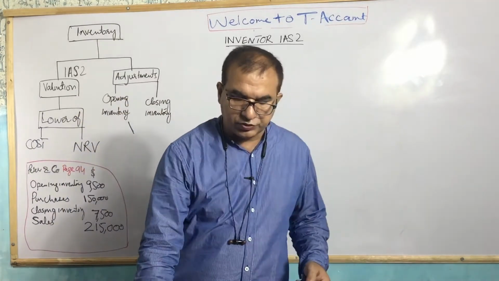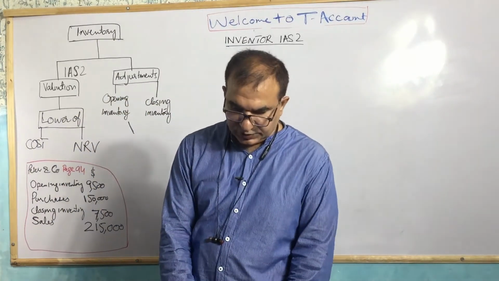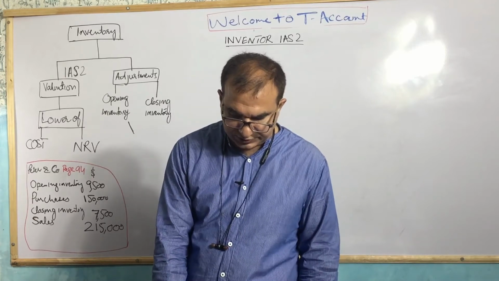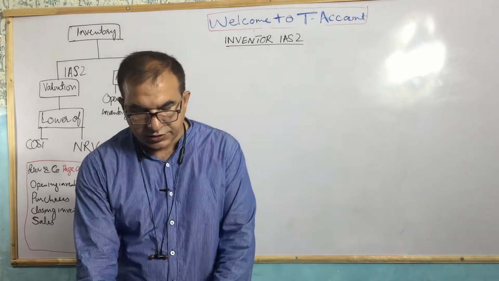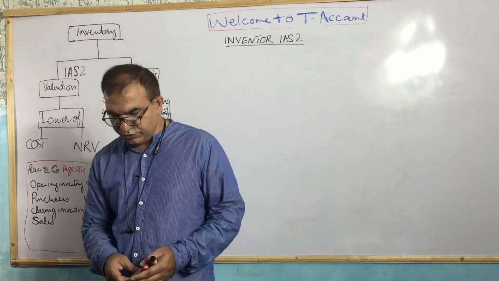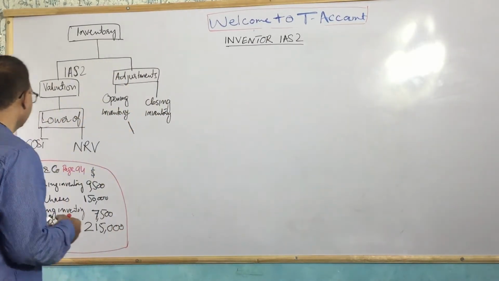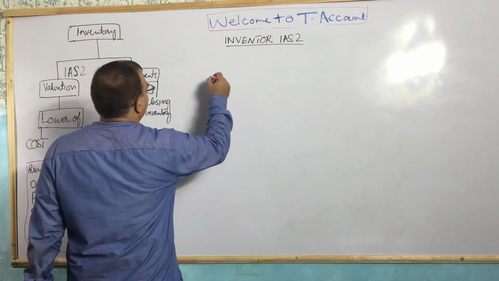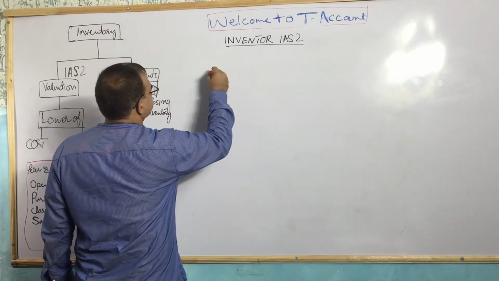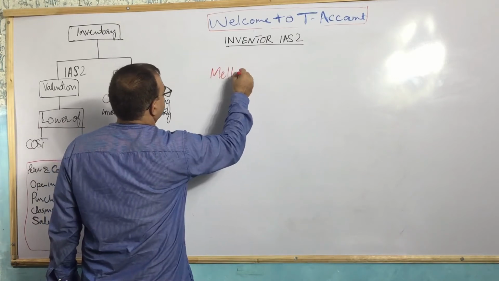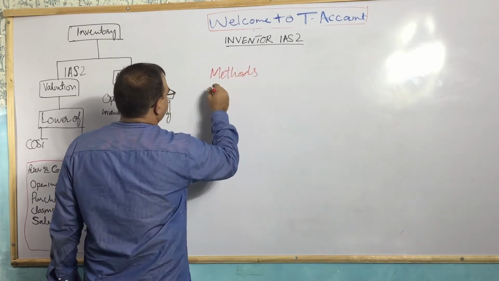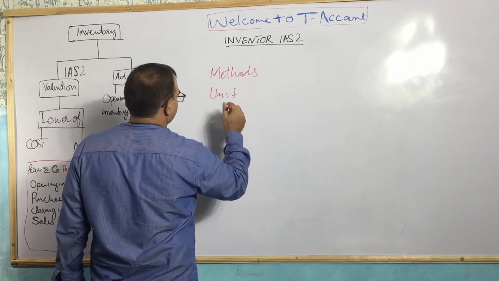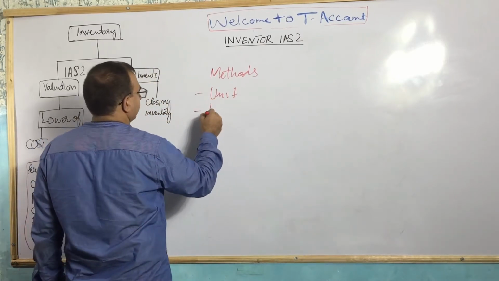They have a good example here, and through that example we'll do all the methods. Basically there are 3 methods that we'll be going through for cost. Methods for cost calculation: unit method, then FIFO.